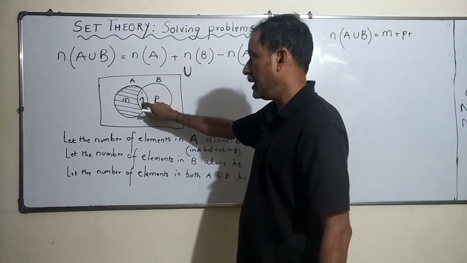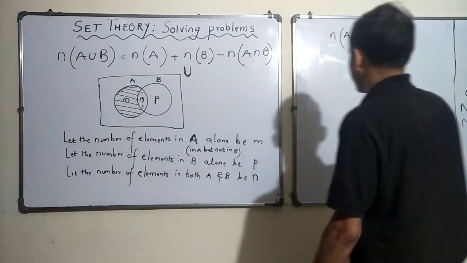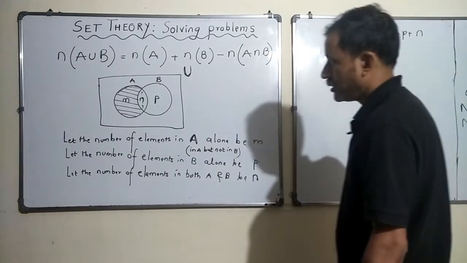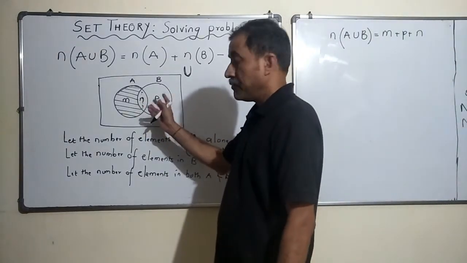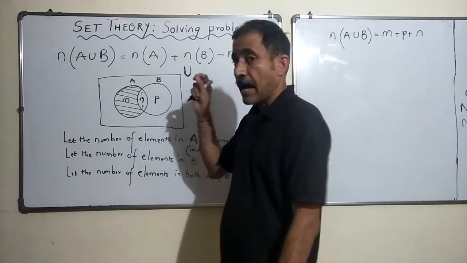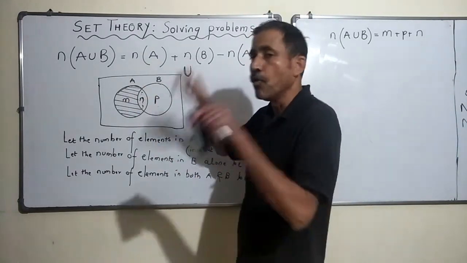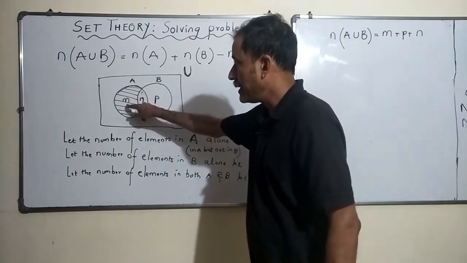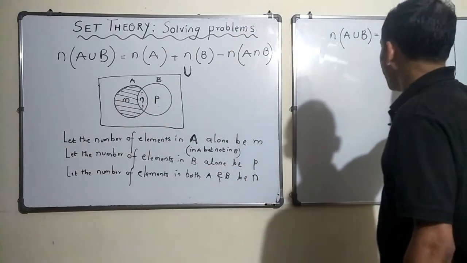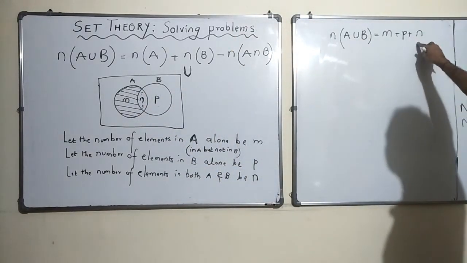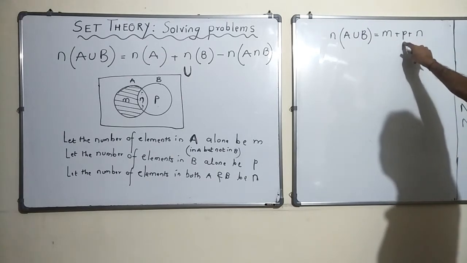Now these are the N elements which are in both, as per the definition. A union B will have all those elements which are either in A or in B or in both. So either in A is M, or in B, which is P, or in both, which is N. So M plus P plus N.